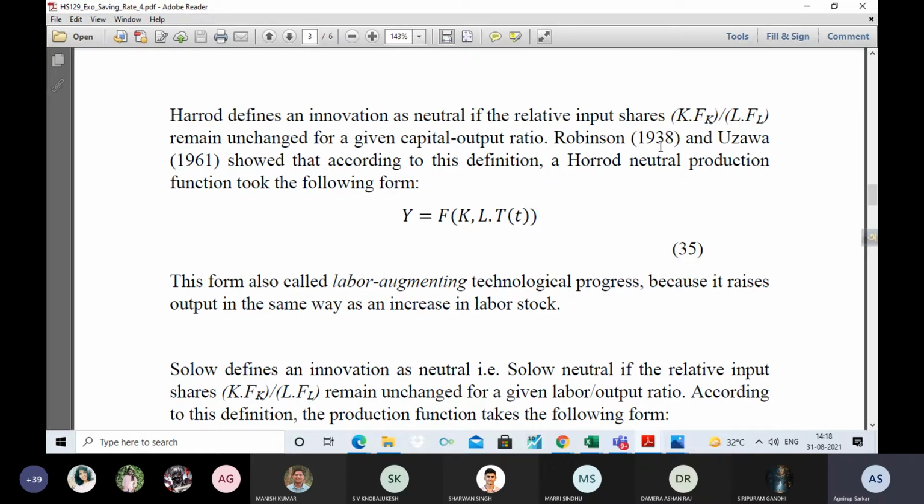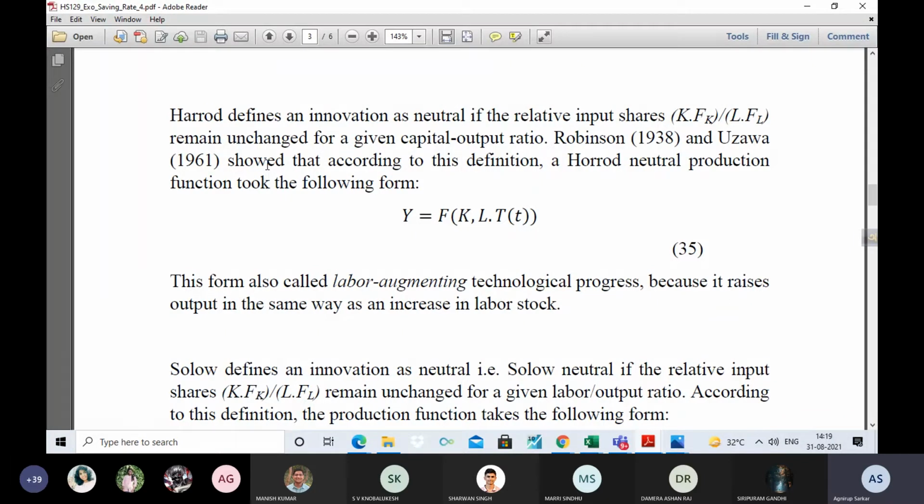So this is the idea that an innovation is Harrod neutral if the relative input shares remain unchanged for a given capital output ratio. Now, economists Robinson and Uzawa later on showed, actually Robinson showed this bit before Harrod came up with the idea, and later on it was developed by Uzawa, that they came up with a specific functional form for the technology, right?